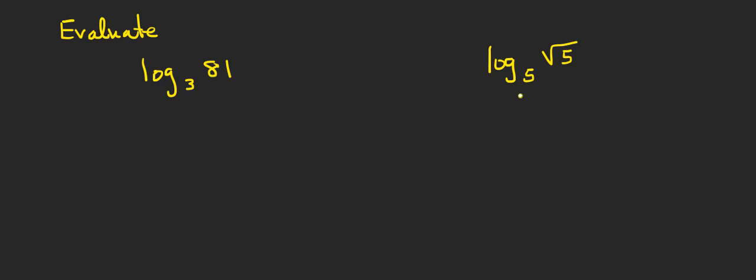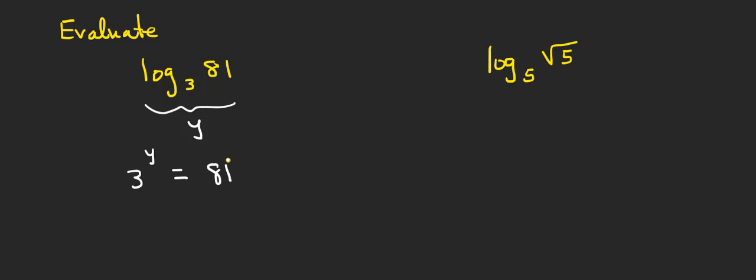So let's do some examples. Let's evaluate these logs. Remember, log is an exponent. So what I'm going to do is represent this whole thing as y. And we need to change the logarithmic to exponential form. So here's a base. Base is 3. And this is an exponent. So base 3 to the y equals 81. Now, in order to solve for y, we need to have the same base.